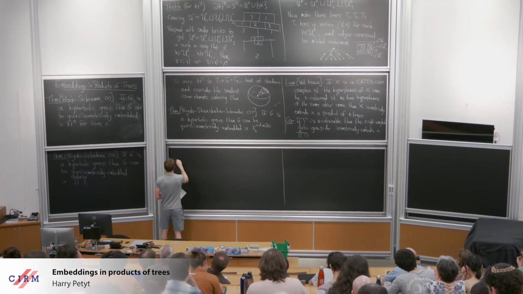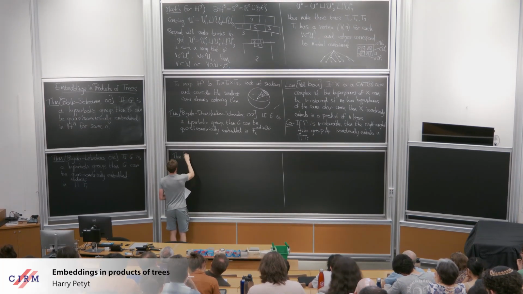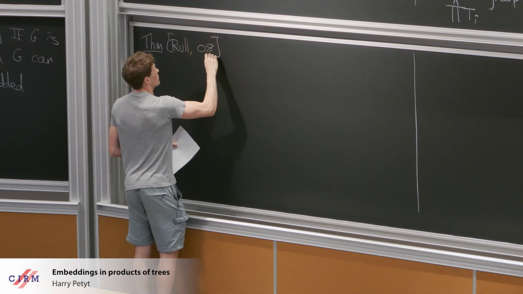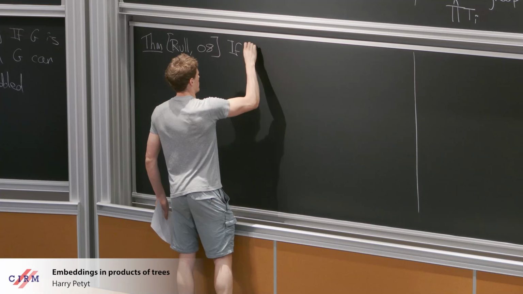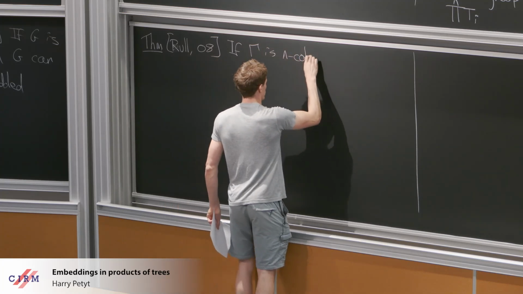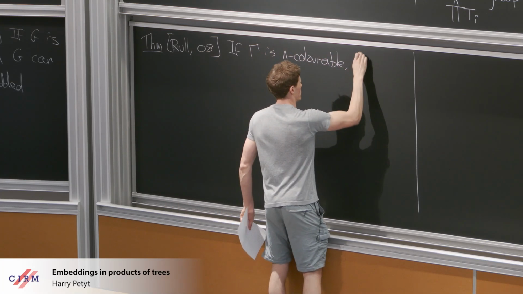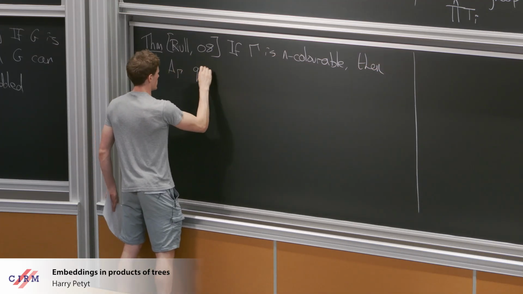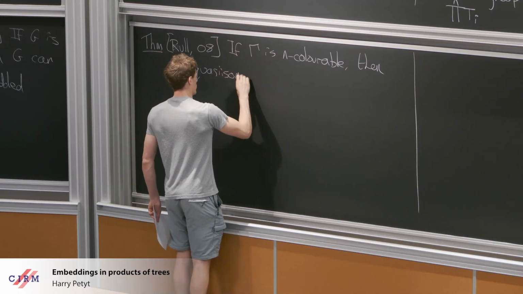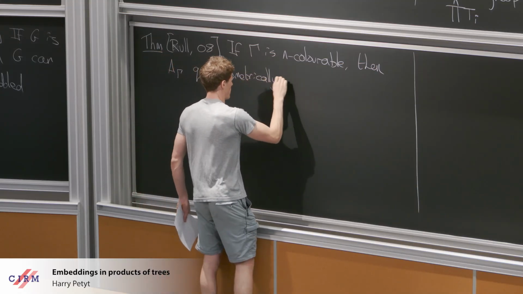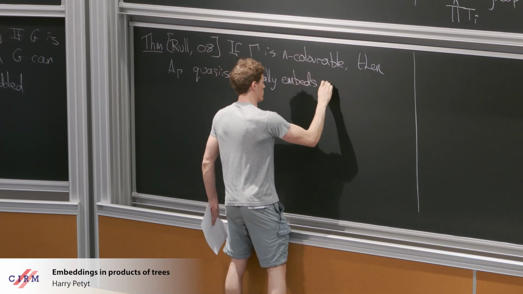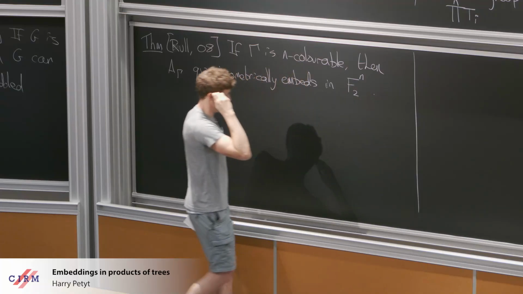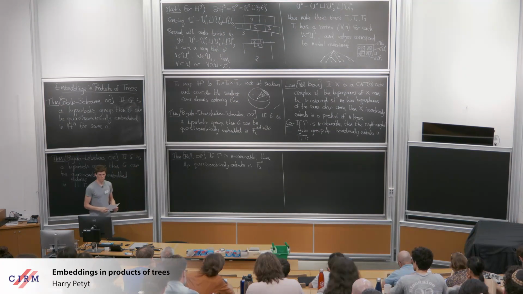There's a theorem of Alina Rull from her PhD thesis, which says that if gamma is n-colorable, then the corresponding right-angled Artin group quasi-isometrically embeds in a product of n finite trivalent trees, or equivalently in F_2 to the n.